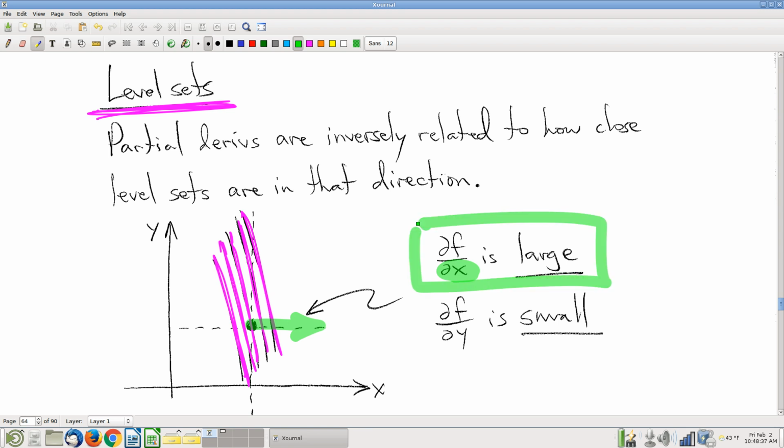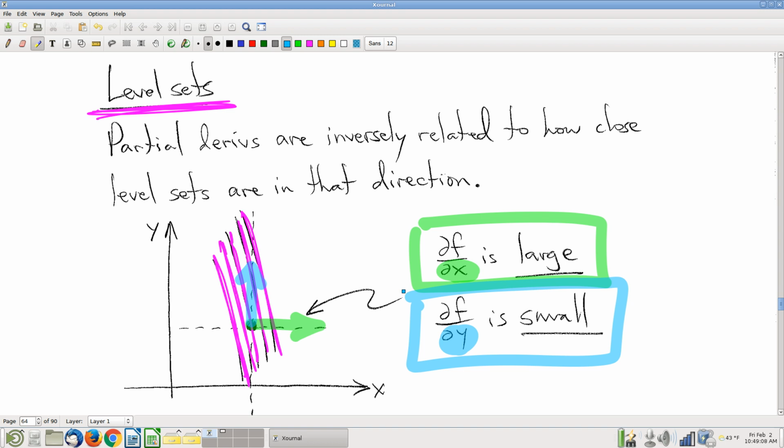So the x partial is large, as I've got these contour lines drawn. On the other hand, now suppose that I'm going in the y direction. Well, that partial derivative is small because, as I go in that direction, I'm not going exactly along a contour line, over which the function is not changing at all, but I'm moving almost tracking the contour lines.